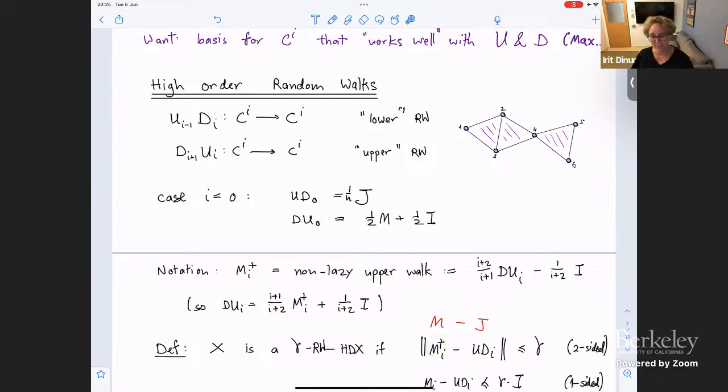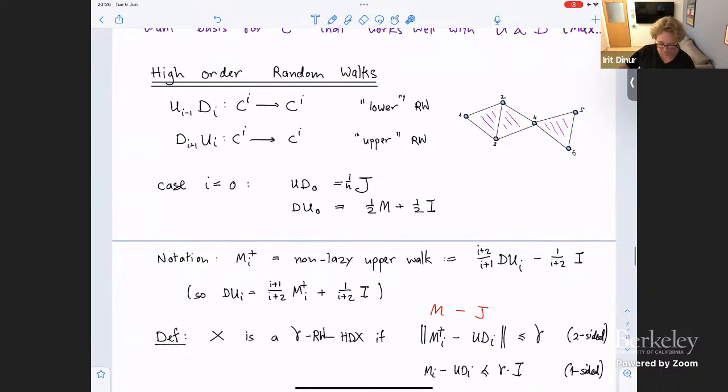And once you look at this M plus rather than the down-up, I could have written here DU minus UD. That would cost me this extra laziness. So instead, I remove the laziness and use the non-lazy random walk, and we define a random walk expander to have this difference being very small.